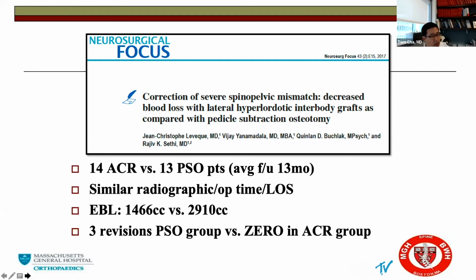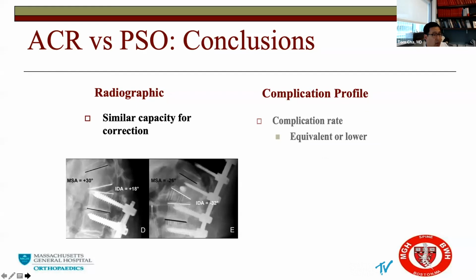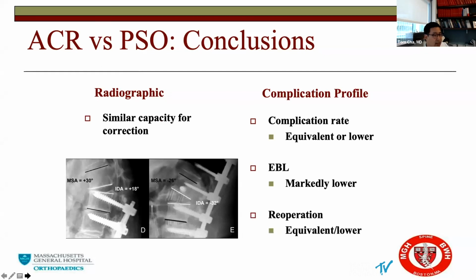And the revision surgeries that were required were only in the PSO group. So really, in skilled hands, I think the ACR can allow for a similar capacity for correction compared to a PSO, with likely at least a similar complication profile, as well as EBL, and likely a lower reoperation rate.